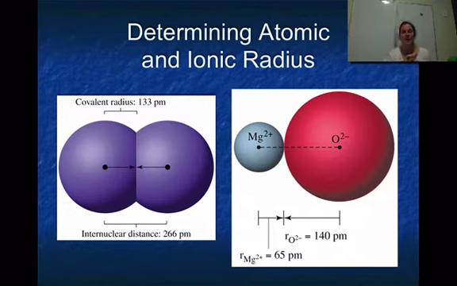They take a diatomic atom. A diatomic atom is when 2 atoms of the same element are bonded, like if you have 2 chlorines bonded or 2 oxygens bonded or 2 hydrogens bonded. They take those diatomic atoms, they figure out the distance between the 2 nuclei, and then they halve it, and that would be the radius.